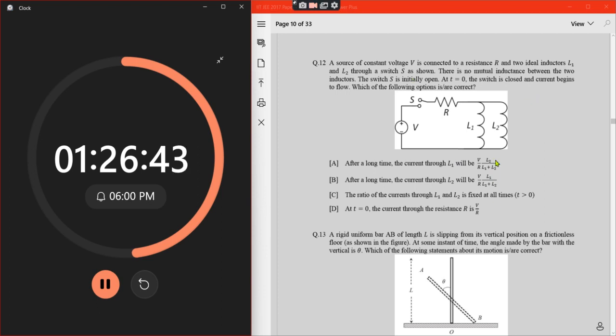Wait, how do we know what the current is going to be? Oh, we will need the differential equations, right? Yeah. So L1 di1 upon dt is equal to V, right? Or like L di upon dt. So through that, if you put L, the current is just of the form V upon L times t through this inductor, right?